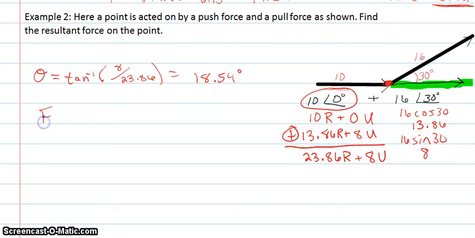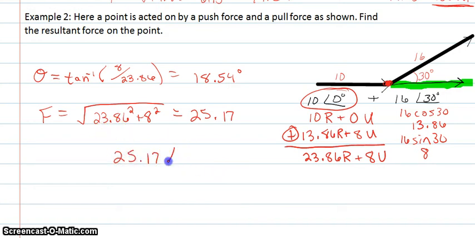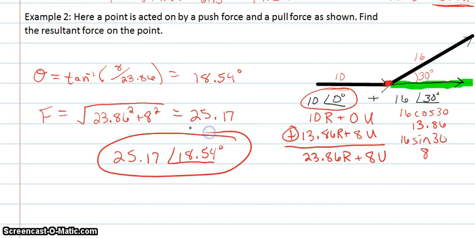And then for the magnitude, we use Pythagorean theorem, so 23.86 squared plus 8 squared equals approximately 25.17. So to write this as our final answer, we would have 25.17 at an angle of 18.54 degrees.